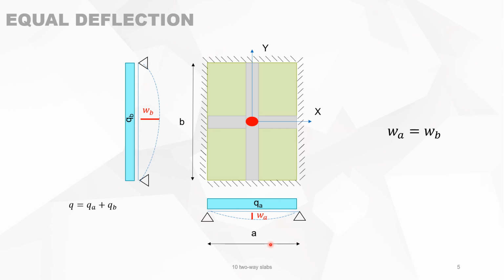For compatibility reasons, WA must be equal to WB. So on the red spot, WA must be equal to WB. This gives us a second equation that we can use together with this equation to calculate the amount of load carried over in a certain direction.